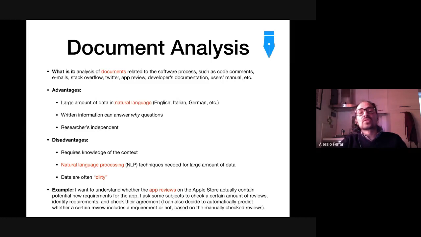Okay. The good thing is that written information can often answer why questions. If I observe just the data, I can find relationships between things, but it's very hard to answer why questions. But the issue is that to understand, you are required again, like in the other case, to know the context very well.